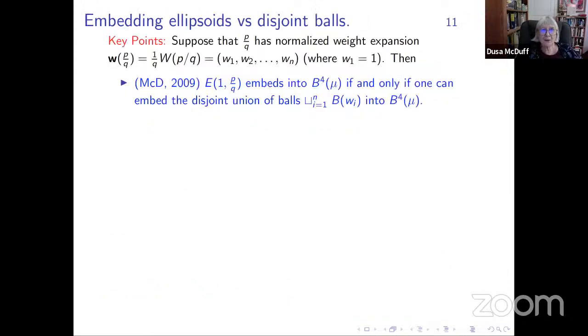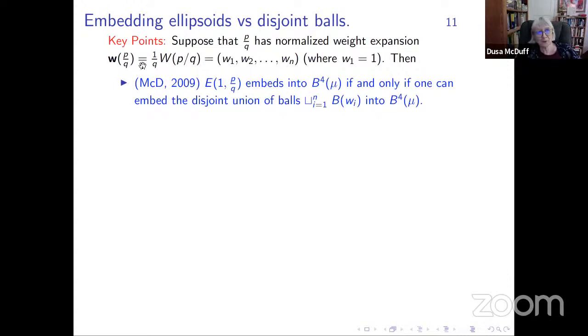Now, to explain how it works for embedding ellipsoids, we suppose that P over Q, our rational number, has a normalized weight expansion. So take what I was doing before and divide by Q. That means that instead of starting off with Q, we start off with 1. We have 1s, and these are all rational numbers. And then you haven't changed the volume.